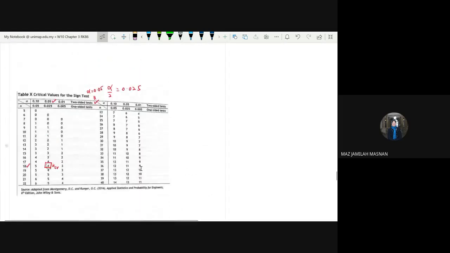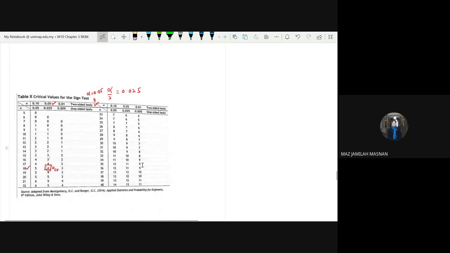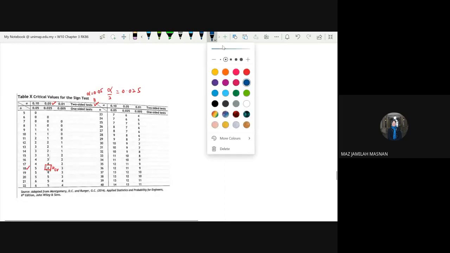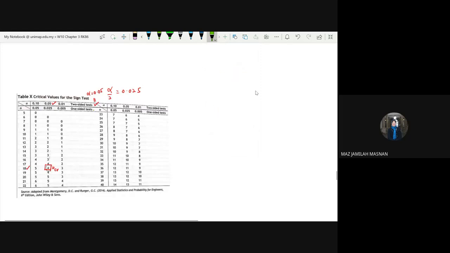We are talking about one tail test, one-sided test, and our alpha is 0.05, which is this one, and our n is equal to 14.